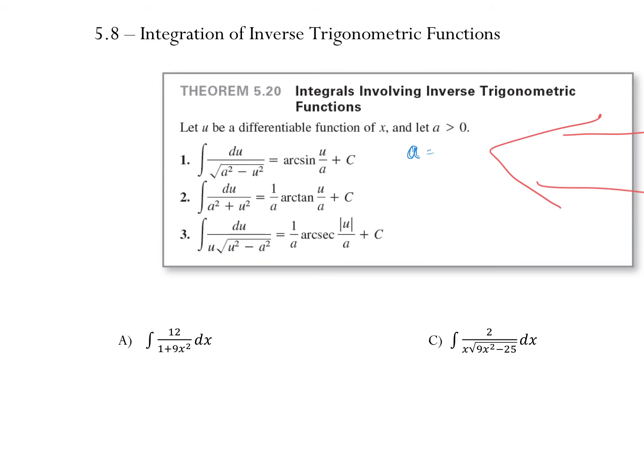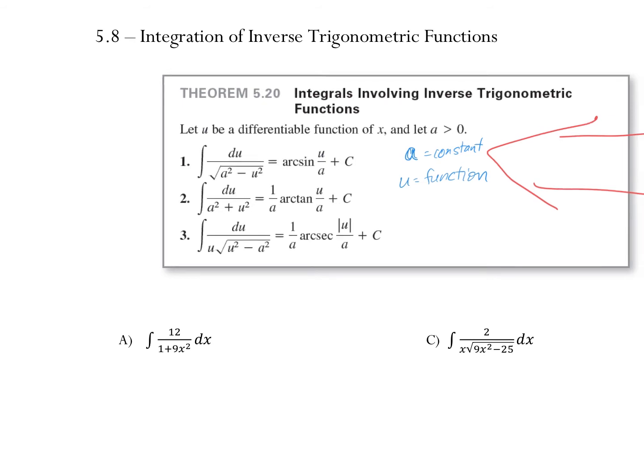Okay, that a is a constant, and the u is a function. So as we go through, what we're going to do is look at these with respect to a and u to calculate the integral.